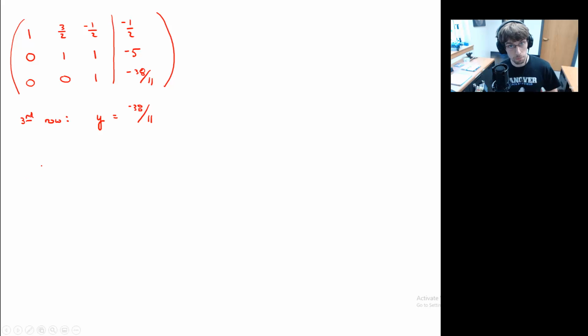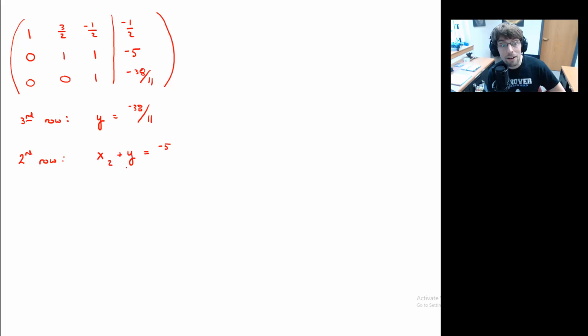And because we have performed this Gaussian elimination process, we can now go up one row. Let's go and look at the second row and turn that back into an equation. Well, that would be x2 plus y is equal to negative 5.